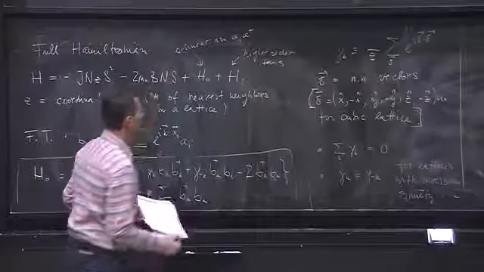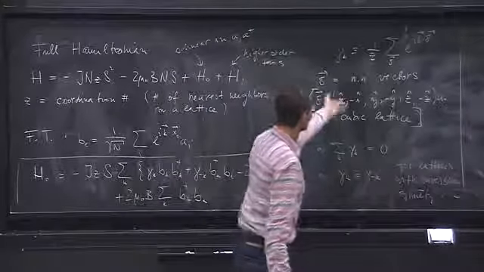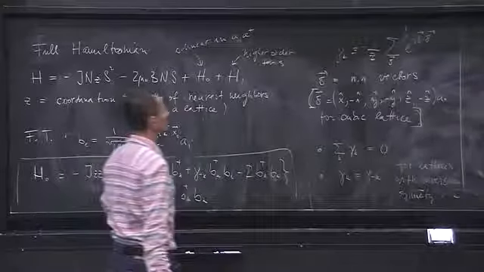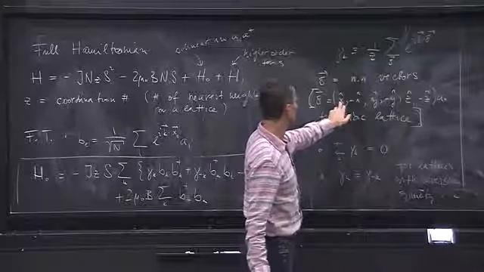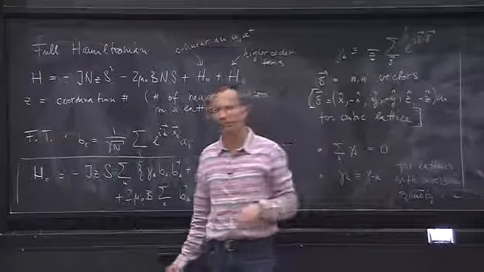Inversion symmetry means that for each nearest neighbor vector delta, there is an opposite nearest neighbor vector minus delta. So for instance, this cubic lattice has inversion symmetry because for vector x, there is a vector minus x, and so on and so forth.